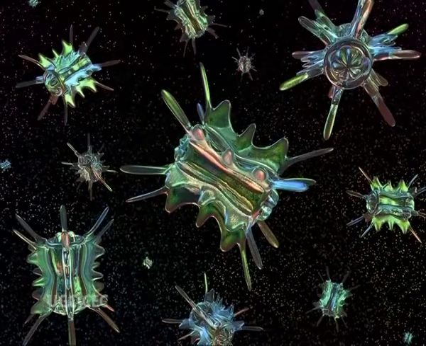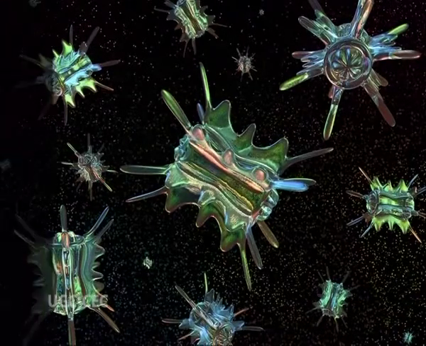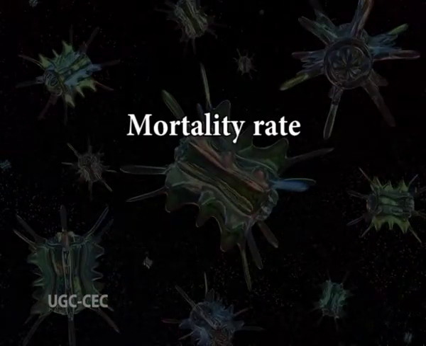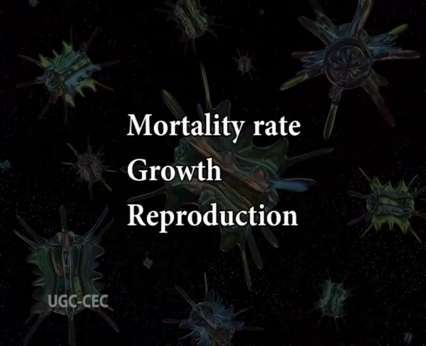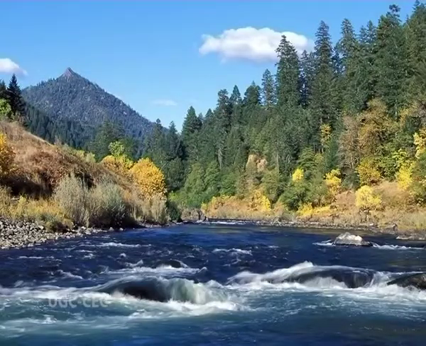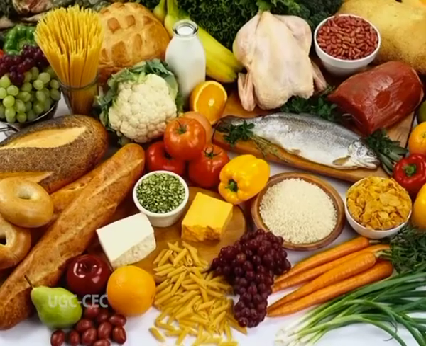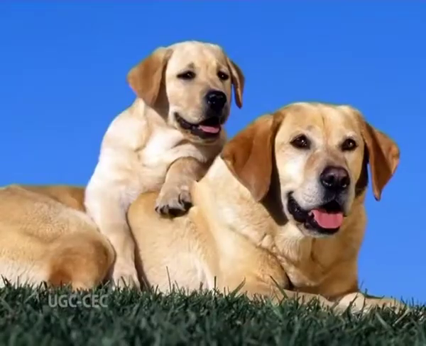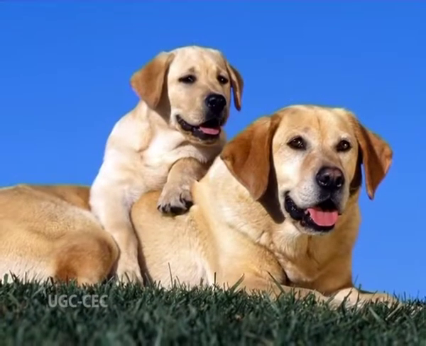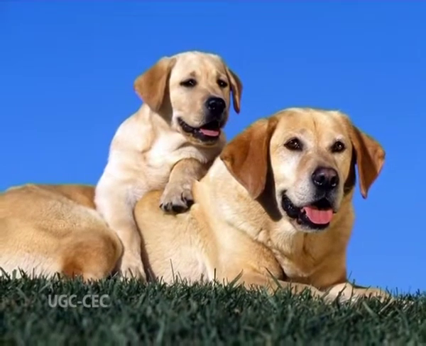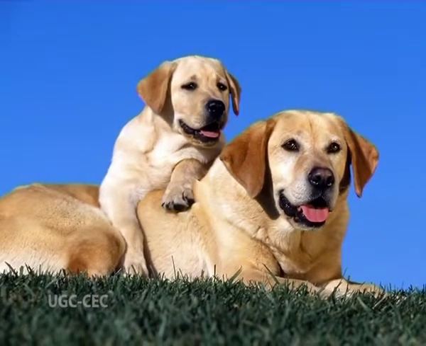Organisms need an optimum condition in their environment for proper maintenance of mortality rate, growth and reproduction. The availability of water and food is an important factor affecting the proper development of an organism, such that the health and fitness of the body is maintained for efficient reproduction and long lifespan.